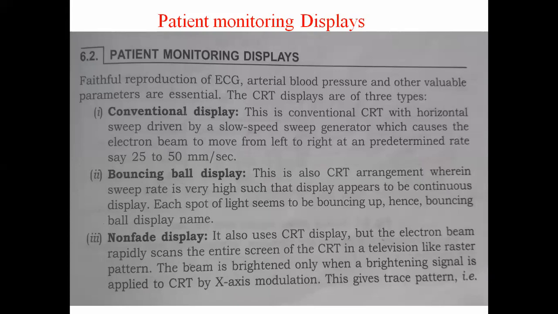Whenever the electron beam moves through the horizontal and vertical deflection plates, due to the potentials on these deflection plates, the beam falls on the phosphor material and we get the light observation.